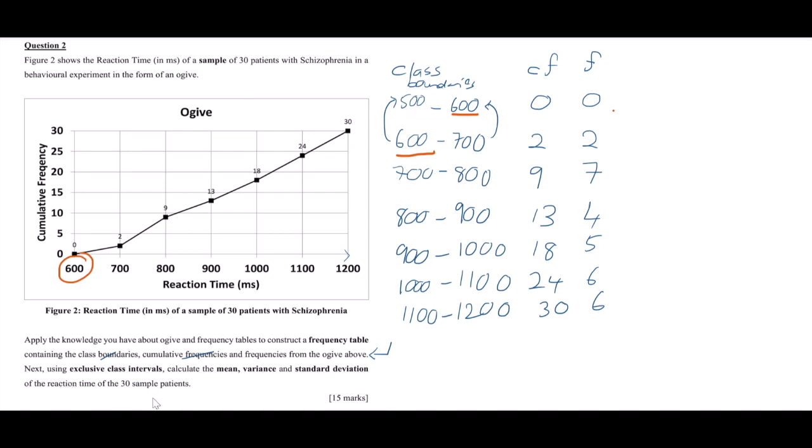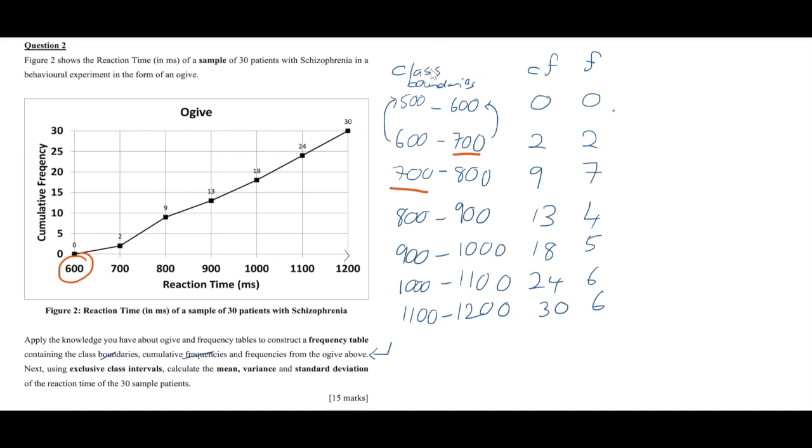Using your exclusive class interval, calculate the mean, variance and standard deviation of the reaction time. Okay, so what are the characteristics of an exclusive class interval? The upper limit of the previous class interval would be the same as the lower limit of the next class interval.